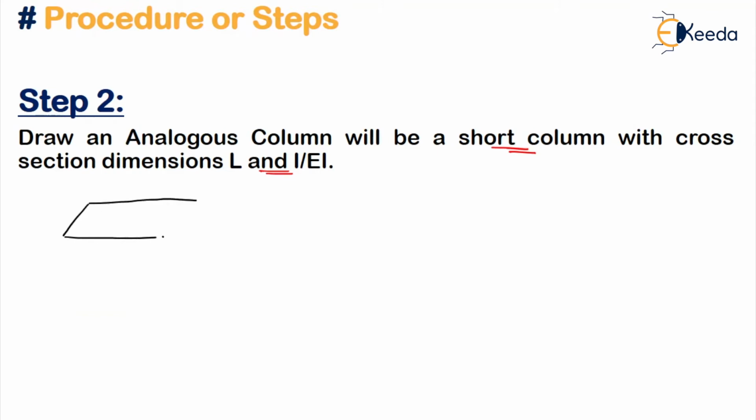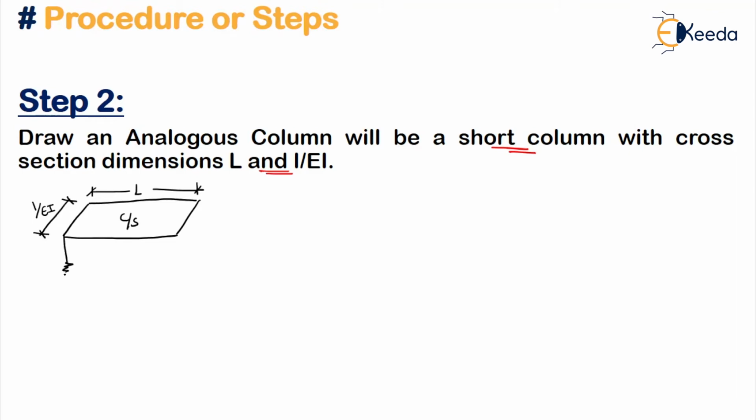These are all straight lines. So the cross section will be, the length will be L, so this value will be L and the breadth will be 1 by EI.